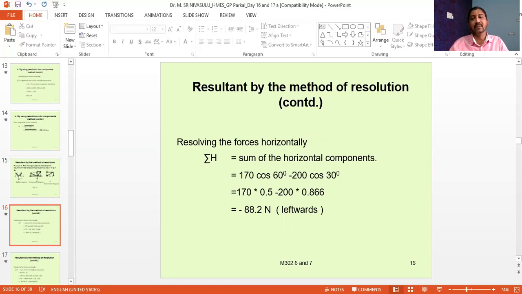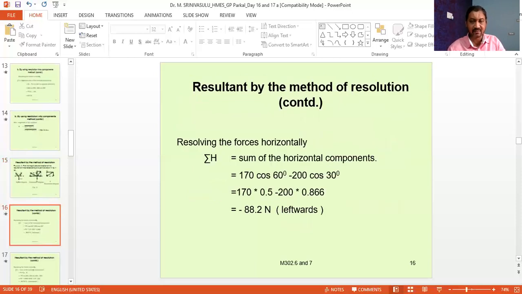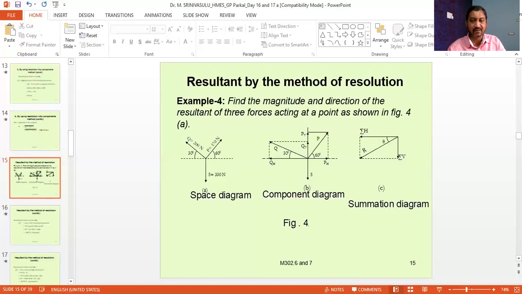Now based on this component diagram, you will find out the algebraic sum of the components of the forces. Resolving the forces horizontally, sigma H is equal to the algebraic sum of the horizontal components. So the force P is equal to 170 and alpha 1 is equal to 60. So 170 into cos 60 is positive, and for the force Q, the value of Q is equal to 200 into cos 30, it is negative.